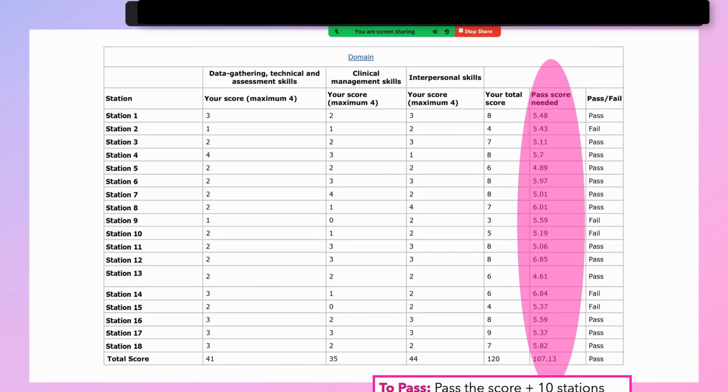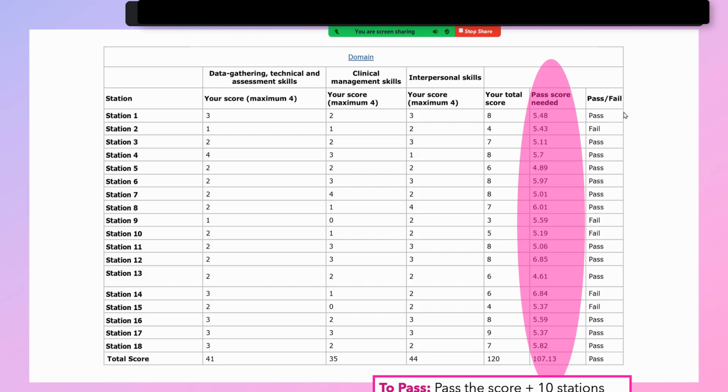Okay? If you pass the number of stations and you don't get the score, you are not going to pass the exam. Okay? In this picture, the candidate passed the score. The pass score is 107, so he got 120.